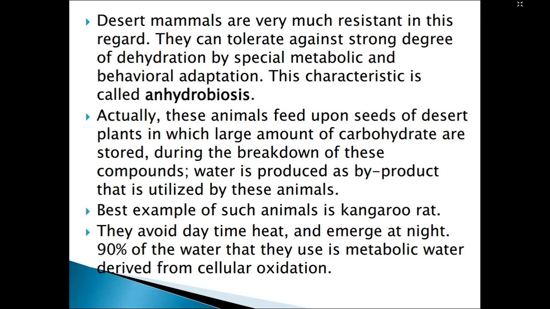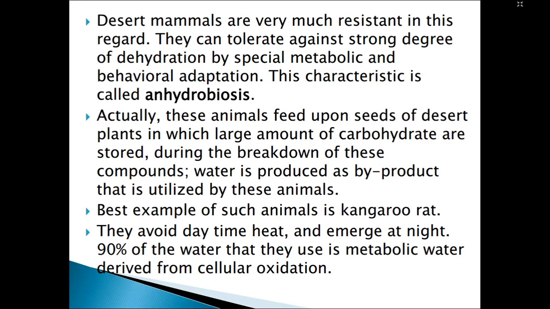They have a storage of metabolic water in their stomach and their hump. Actually, the animals feed upon seed of desert plants in which a large amount of carbohydrates are stored.